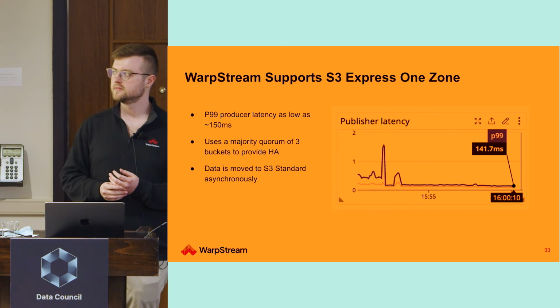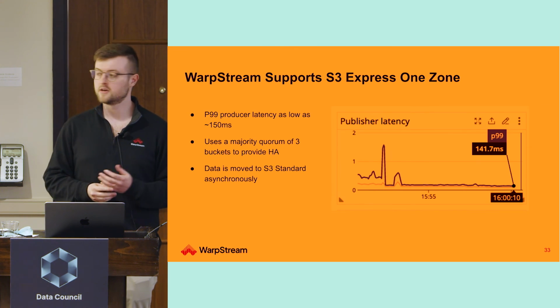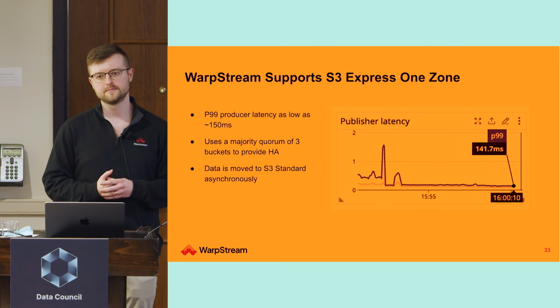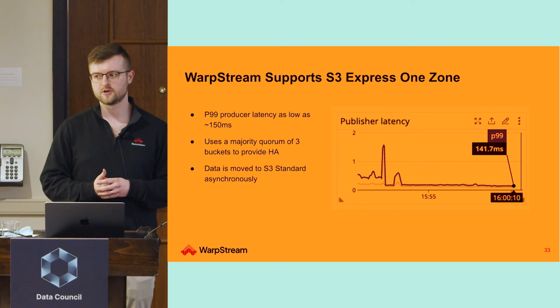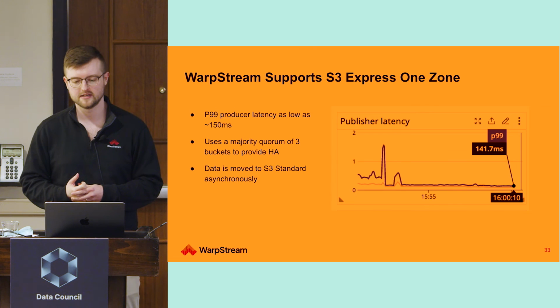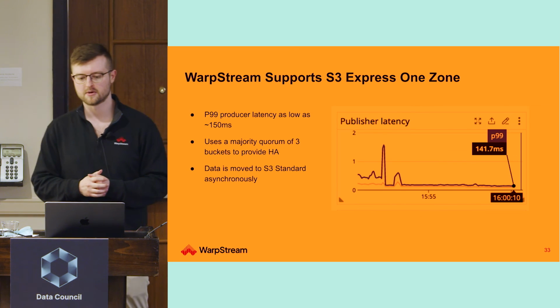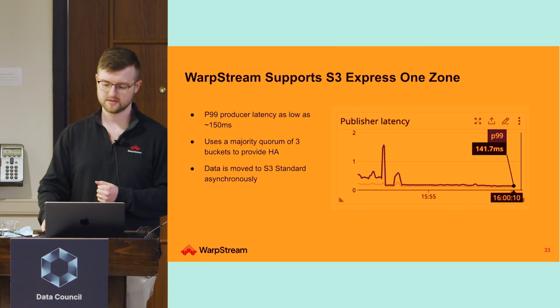The cool part is that we also then later move the data to S3 Standard, so you pay a much lower storage price. You don't have to pay the triply replicated 15 cents per gigabyte per month or whatever that S3 Express One Zone charges. It's just the same low prices as S3 Standard.